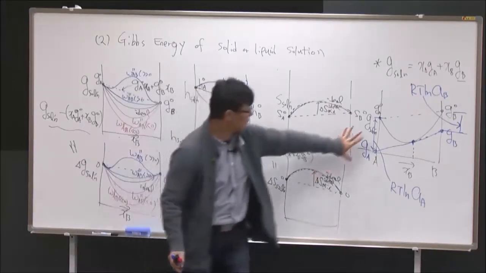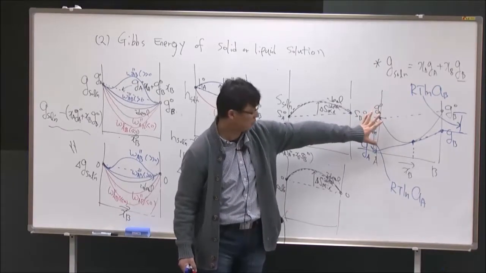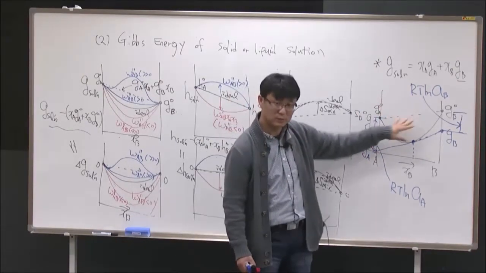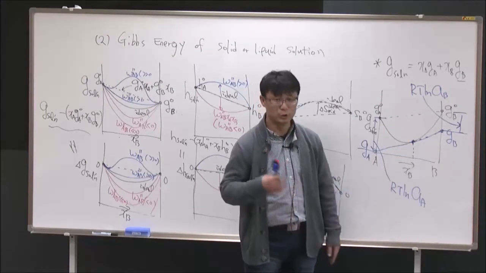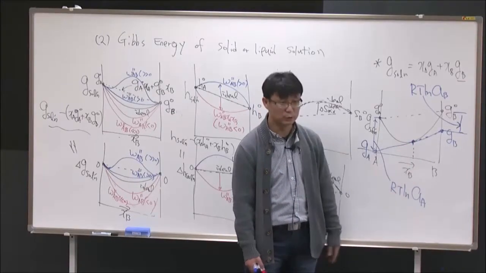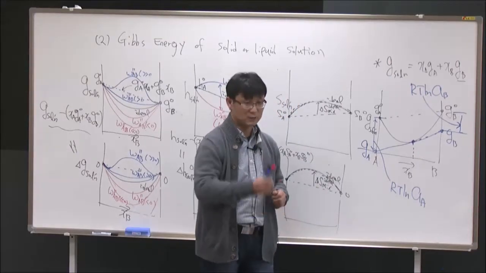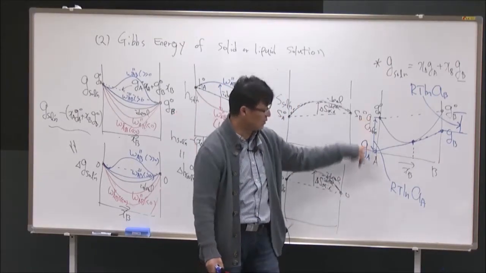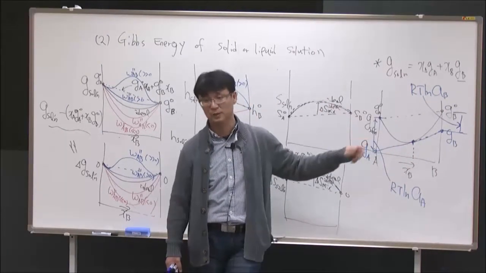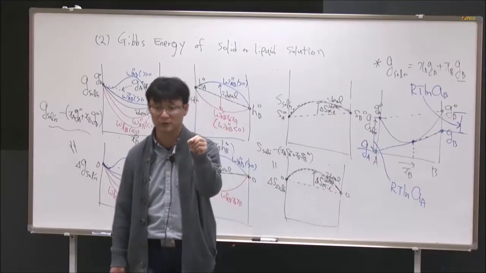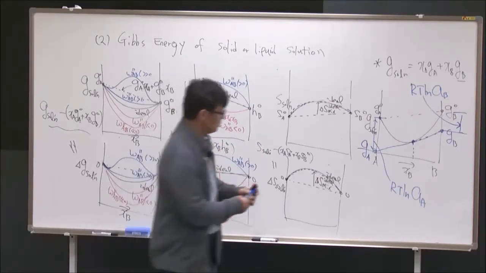And this is also a very important concept. I'm representing it as a graph here, but when you have a solution Gibbs energy curve in this kind of composition diagram, and you know your composition, if you draw the tangent line on your solution Gibbs energy at that composition, then the two intersection points on the A side and the B side represent the partial Gibbs energy of A and of B in the solution at that specific composition and temperature.